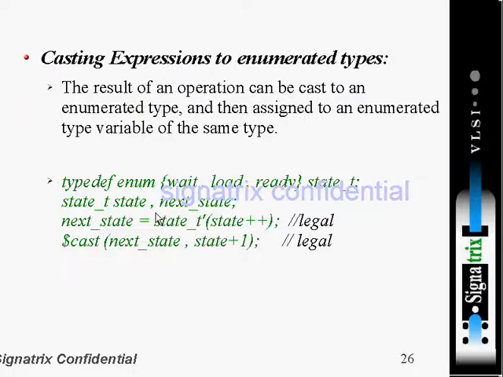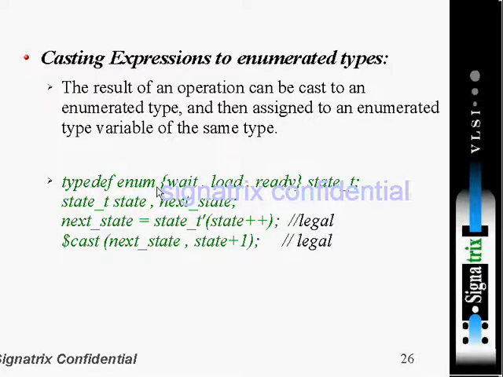Next, casting expressions to enumerated data types. The result of an expression can be cast to an enumerated data type and then assigned to an enumerated type variable. So we'll see an example. You are getting this point, right? We have to cast, then we have to assign it to the enumerated data type.